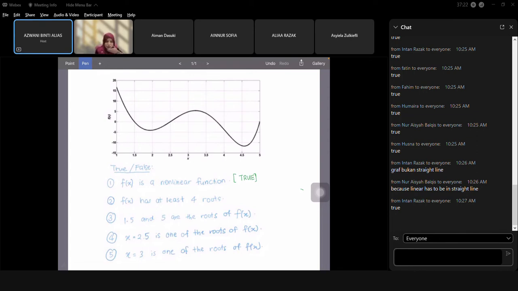Intan answered correct. In other words, 4 roots is 4 solutions. How to find the solution when f(x) is equal to 0? So check, when f(x) equals 0, how many solutions will you get?